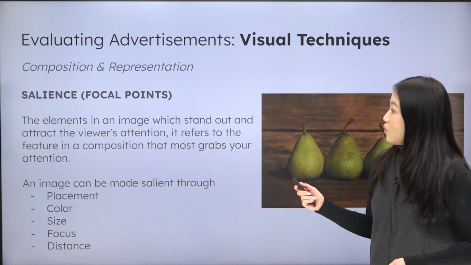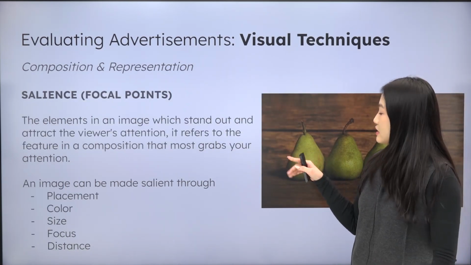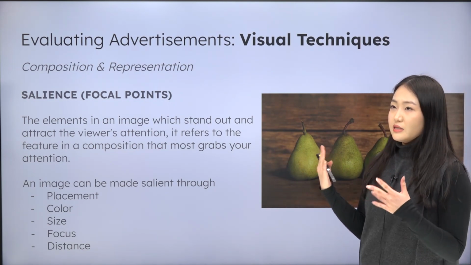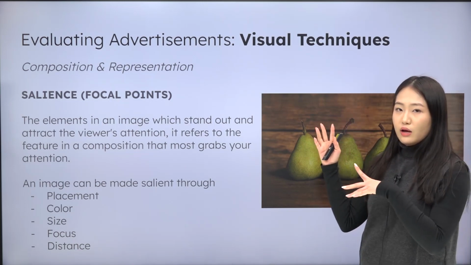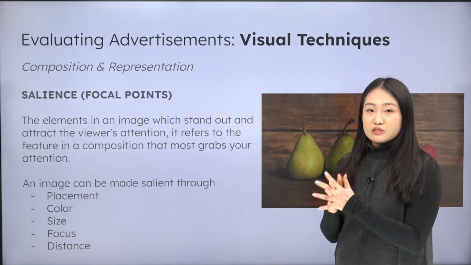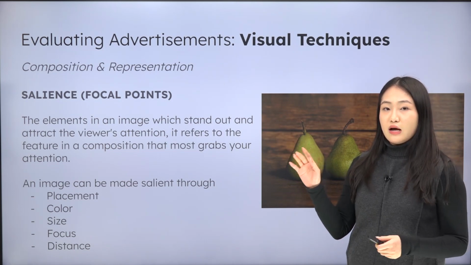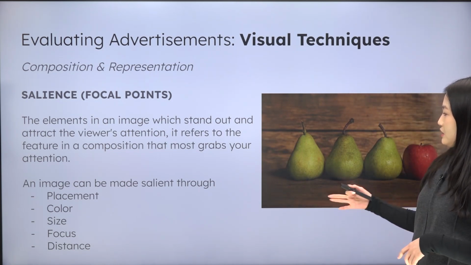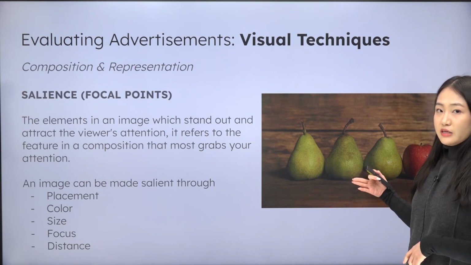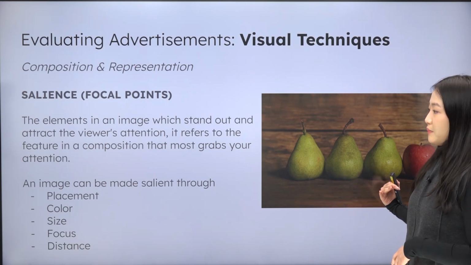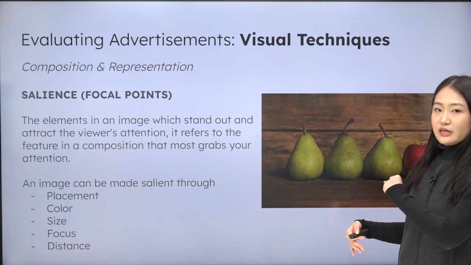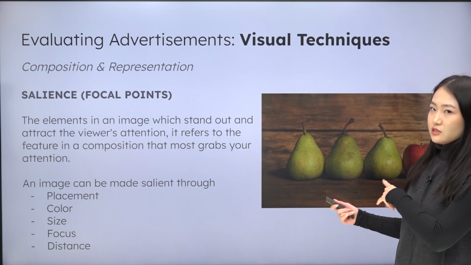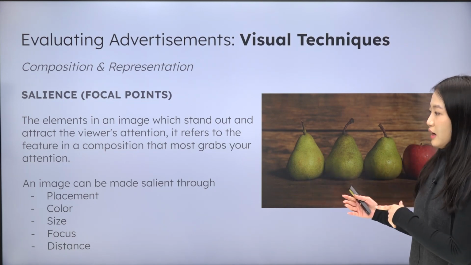So in terms of salience, it refers to focal points. The elements in the image which stand out and attract or grab your attention are usually referred to as a focal point. And like this image here, there's a straight row of pears with an apple at the end. And the apple just grabs your attention because of its color and the way it contrasts with the rest of the image.